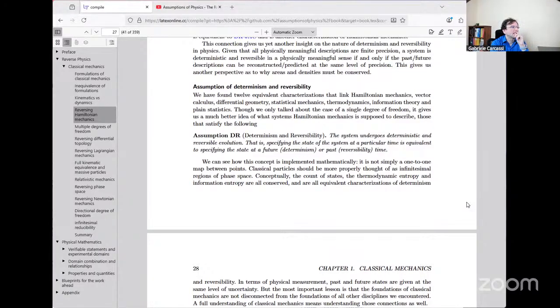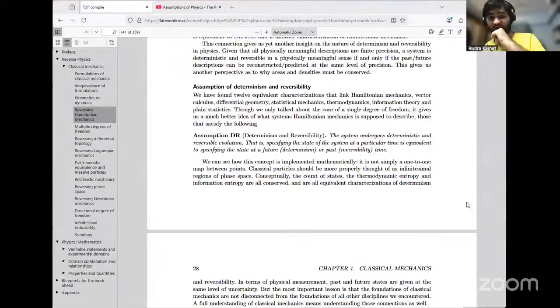Assumption of determinism and reversibility. We have found 12 equivalent characterizations that link Hamiltonian mechanics, vector calculus, differential geometry, statistical mechanics, thermodynamics, information theory, and plane statistics. Though we only talked about the case of a single degree of freedom, it gives us a much better idea of what systems Hamiltonian mechanics is supposed to describe.